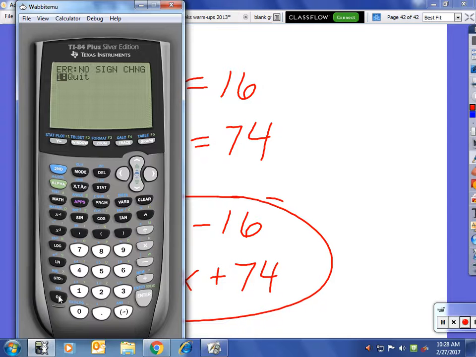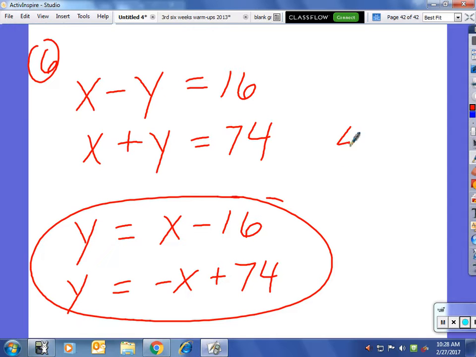I zoomed out, and I still couldn't see it. So what do I have to do? Zoom out again until you can see it. Now, it distorts the picture. It's not a very good picture, but as long as I can see it, it'll tell me 45, 29. Are we good with that?